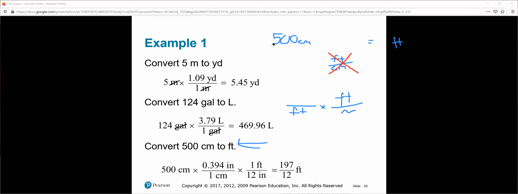I also need something that's feet in the denominator and something that converts from centimeters in the numerator. In this case, they did inches, and then inches over.